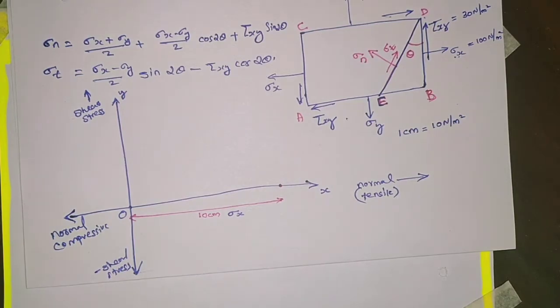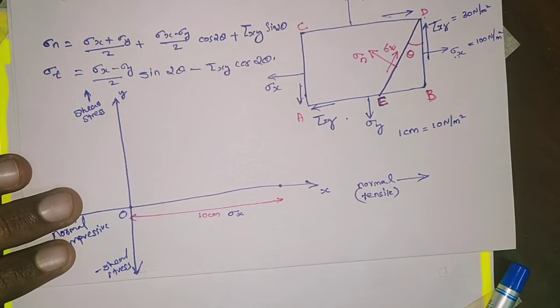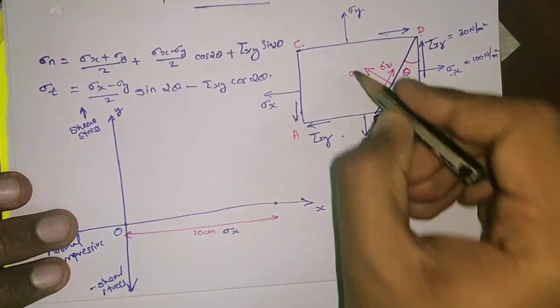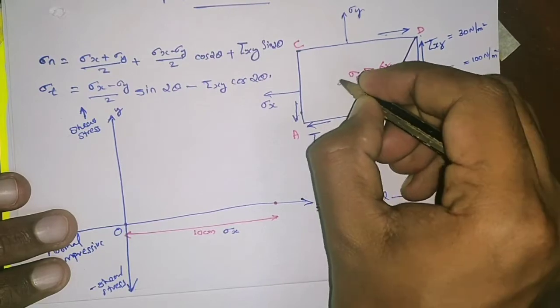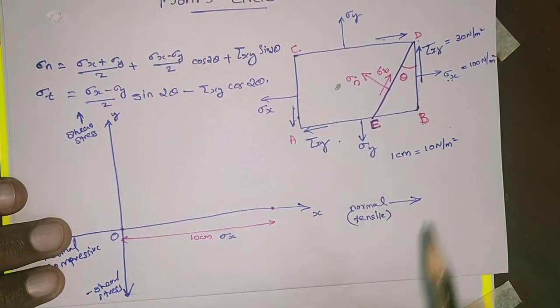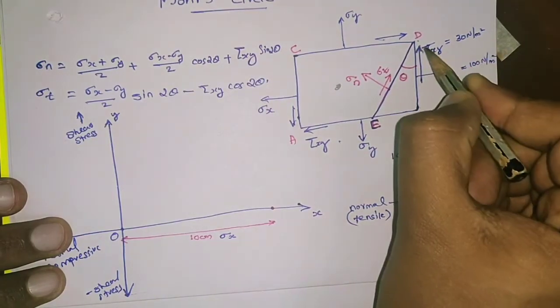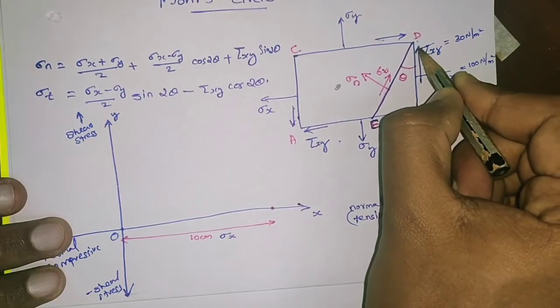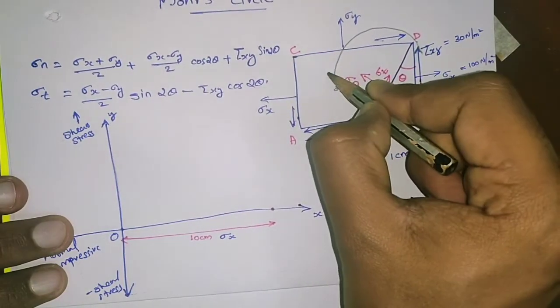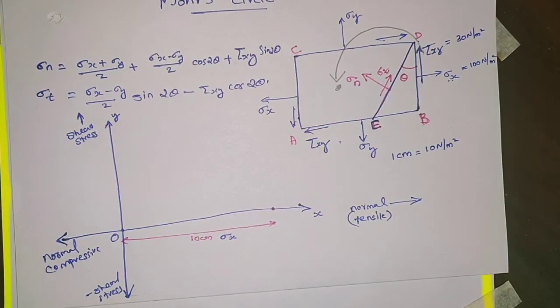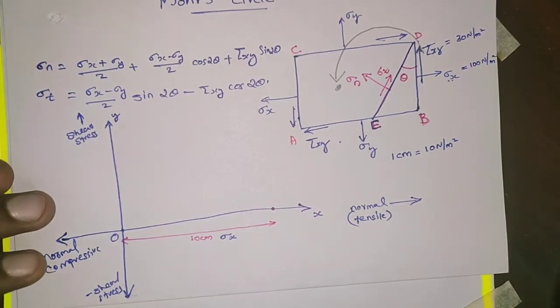And the direction of this tau xy is based on the moment. This is the center of this body. If tau xy is in the upward direction, take the moment of this tau xy with respect to the center, and it will be an anti-clockwise moment. Sorry, this is not the direction.